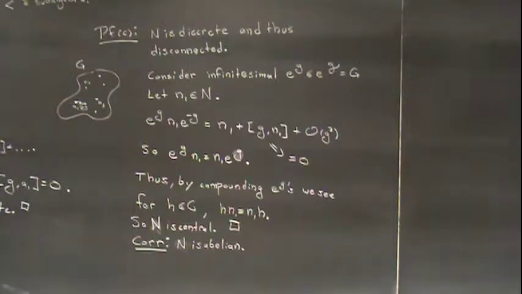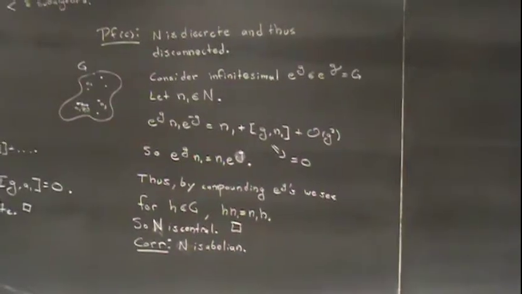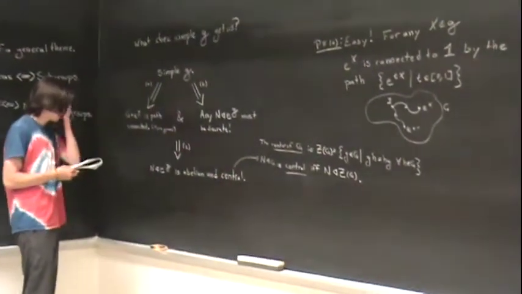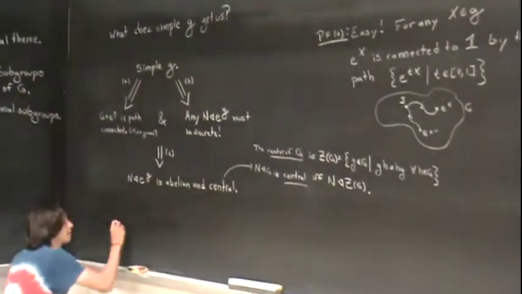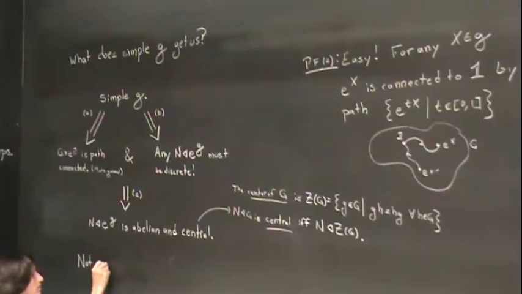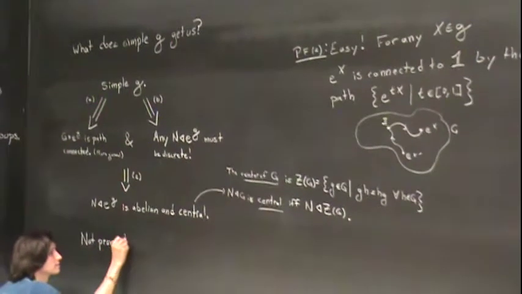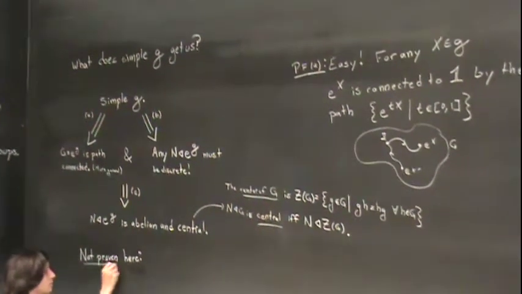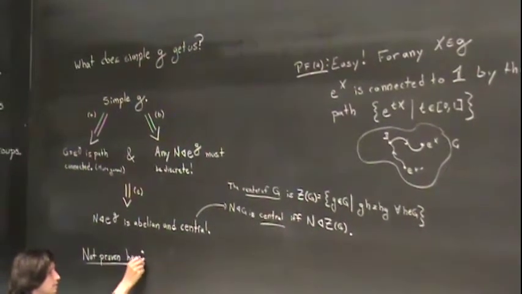And so there's one more thing that I should add over here that we are not going to prove. But yeah, I'll just write it down. Not proven, here at least. The proof is a little technical and it gets a little hairy. We decided to omit it.